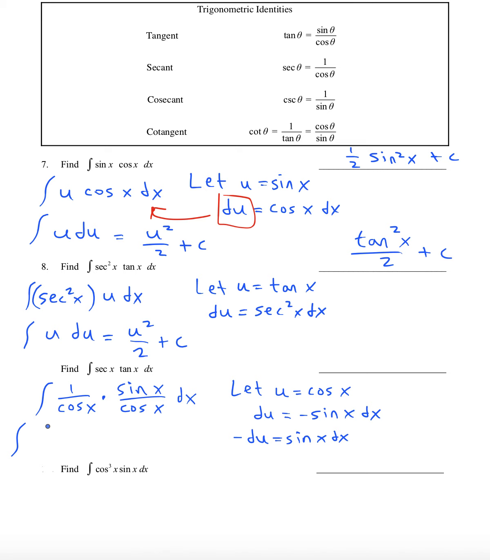Now we can put in 1 over u, and we'll put a u down below for that cosine x, there's 2 of them. And now for sine x dx, put in a negative du.